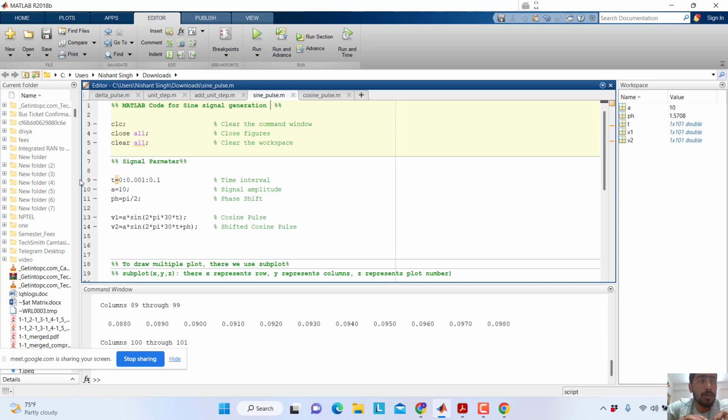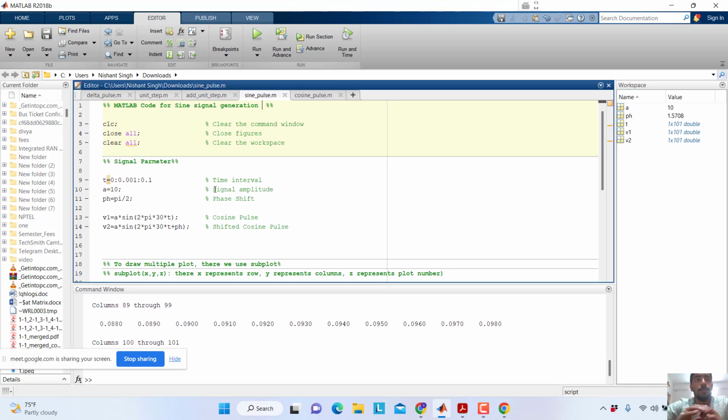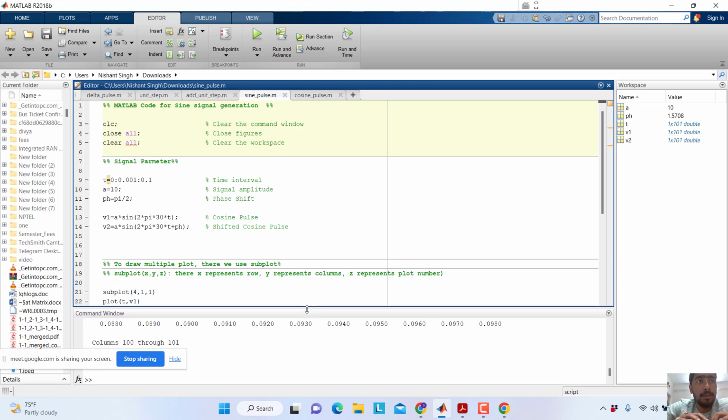So our objective is to generate the sine signal in MATLAB. In MATLAB we use three basic commands: clc, close all, and clear all.